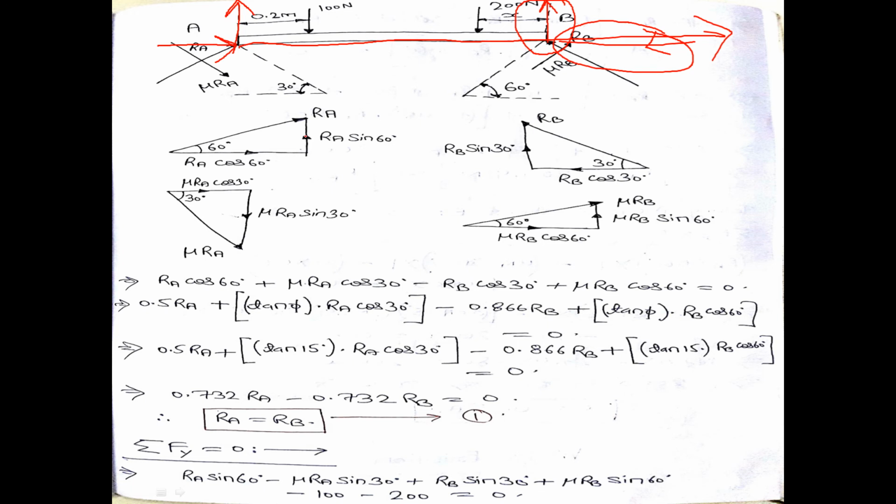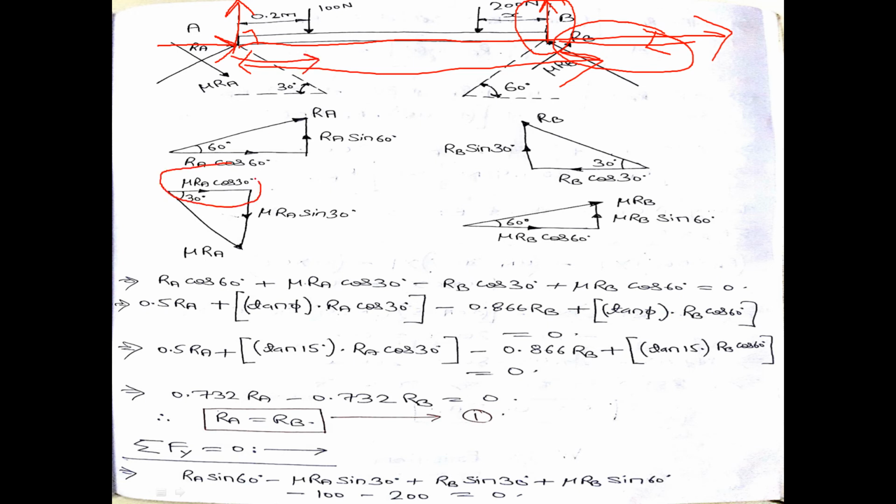This force I will take in the calculation of moment, because I am getting a perpendicular distance from point B. Similarly, for mu RA, one component is mu RA cos 30.